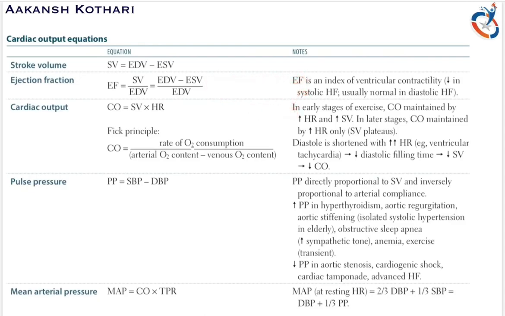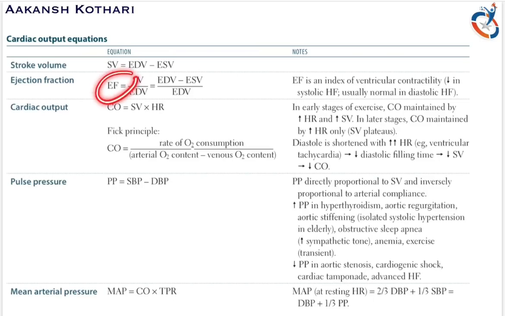Ejection fraction is an index of ventricular contractility. So if someone has to test the contractility, which I've discussed in the cardiac output variables video, contractility is usually tested by ejection fraction index. Now, there's a decrease in systolic heart failure.